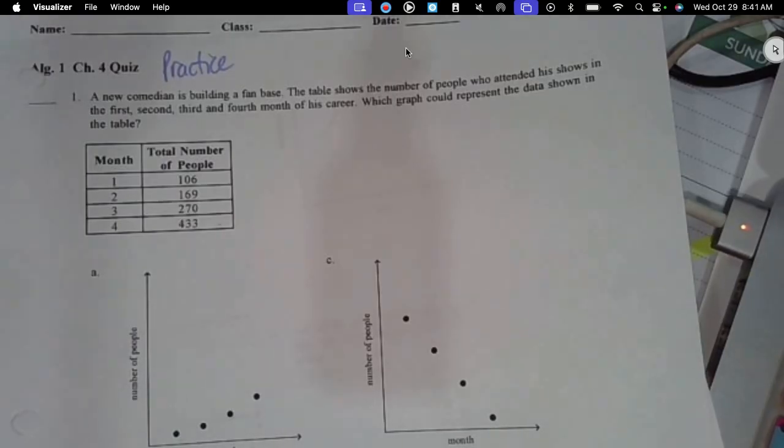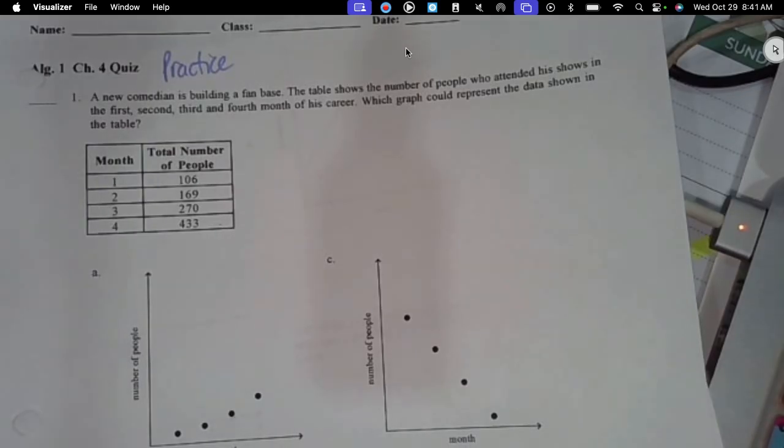Let me print from two-sided. How many? 1, 2, 3, I'll do 4. And I'll go grab those really quick.